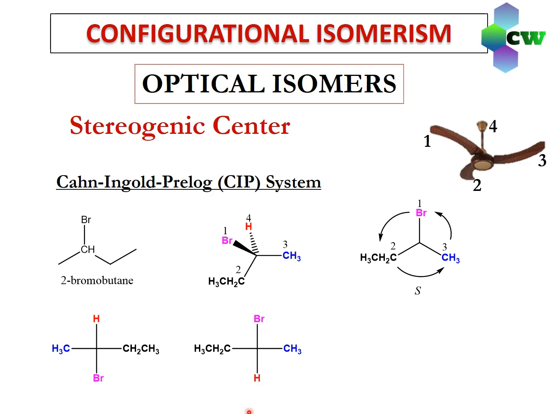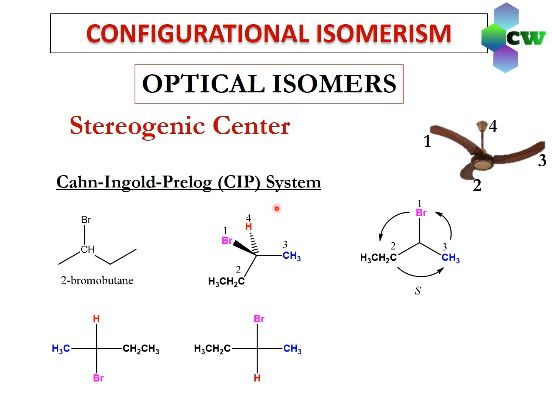Now H again is on the vertical axis, so it is behind the plane or projecting away from you. And again, if you imagine it from here, this H and bromine are projected away from you. So again, from bromine going through this ethyl group towards methyl group, you are moving anti-clockwise. So the absolute configuration is S. So it means you have drawn the correct Fisher projection.